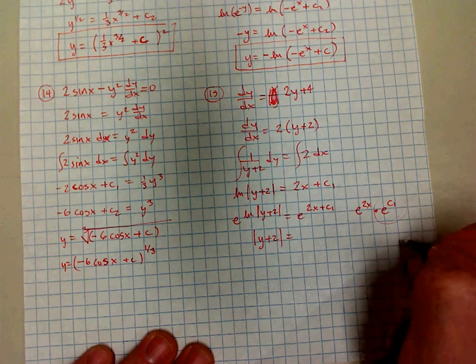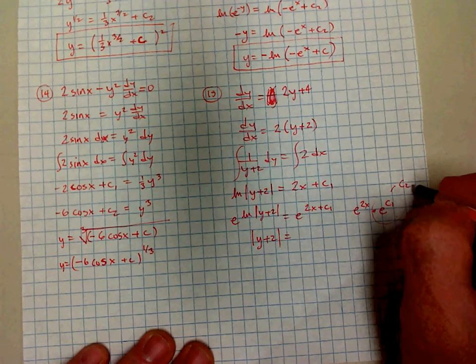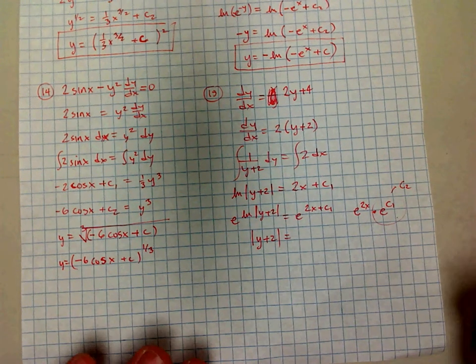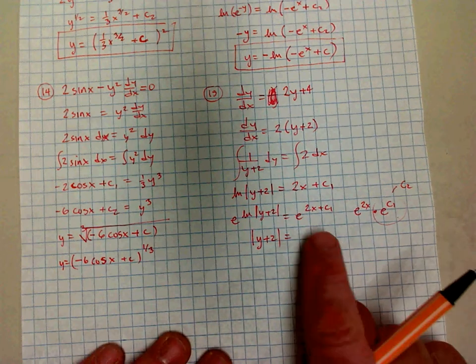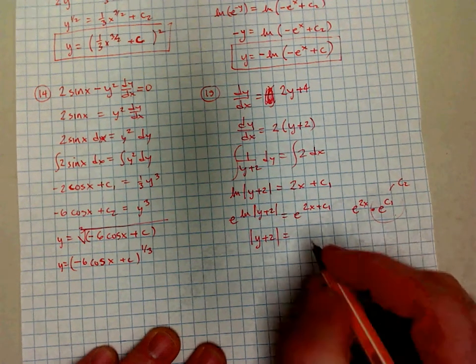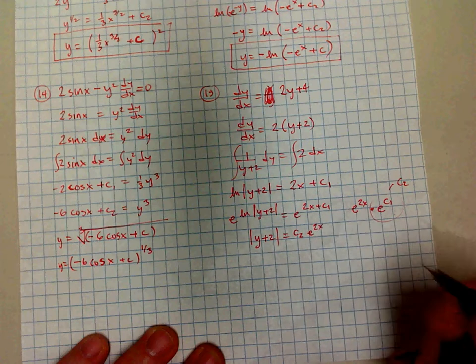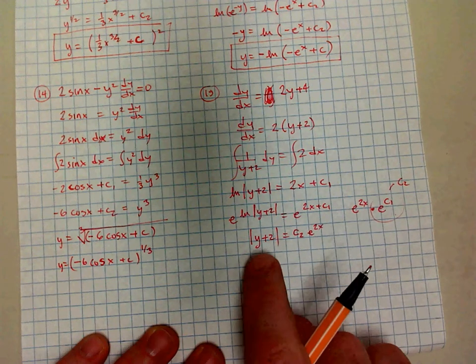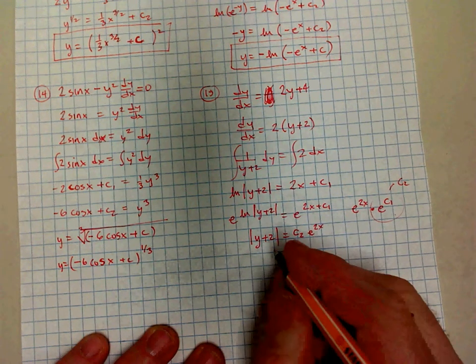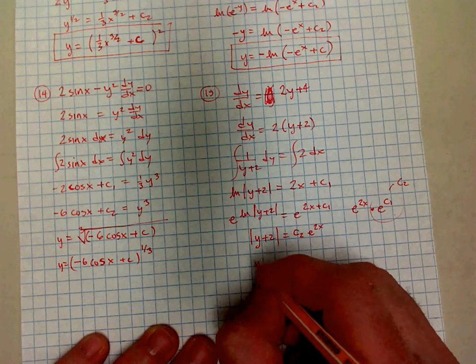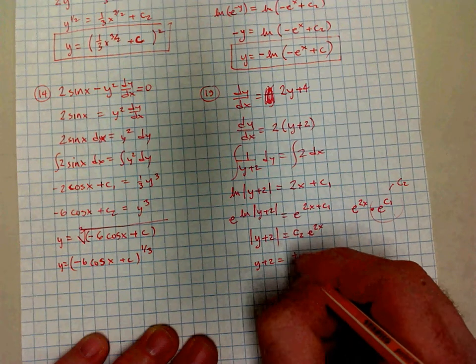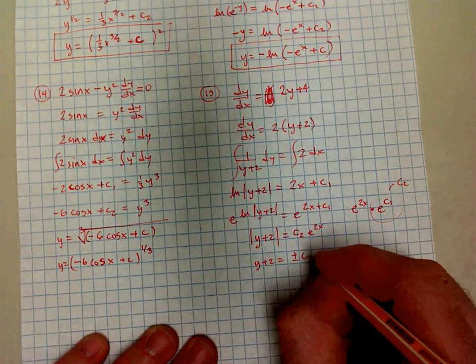E raised to a power is just some other constant. So rather than keep it messed up like this, we'll write it as c2 times e to the 2x. Absolute value means that this will be y plus 2 equals plus or minus c2 times e to the 2x.